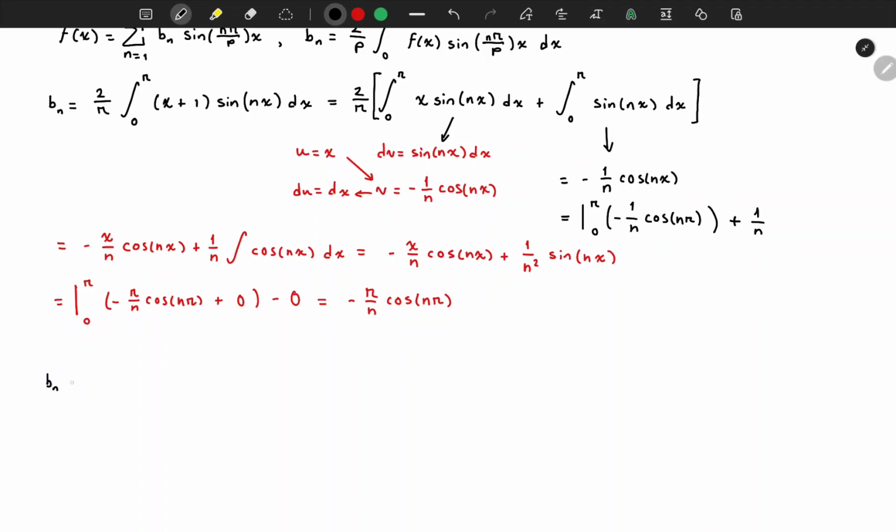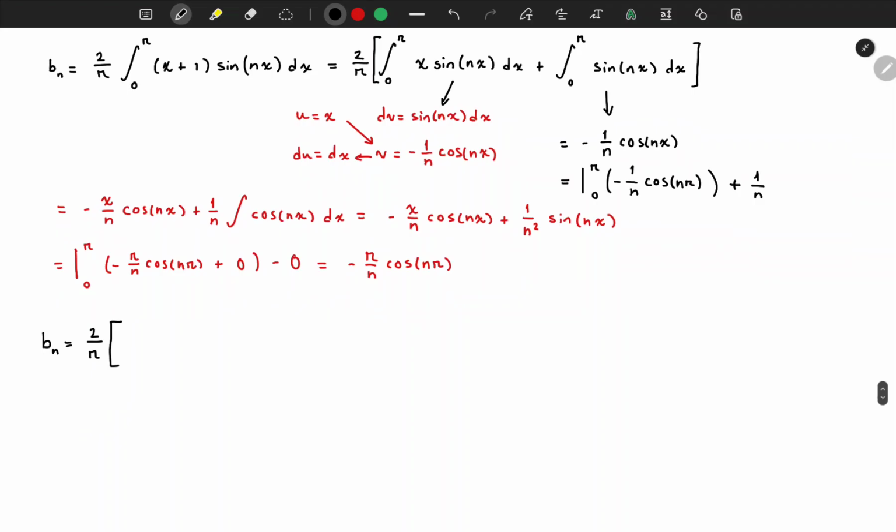So let's plug these back into our b of n that we're solving for. So let's not forget we're solving for bn. And we have 2 over pi still outside. So what we're left with is negative pi over n cos n pi.